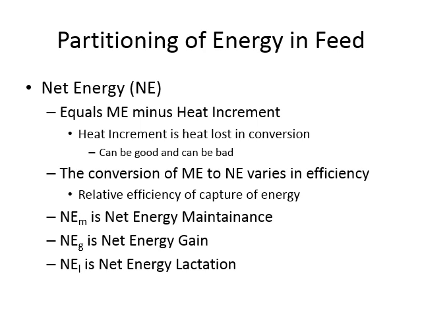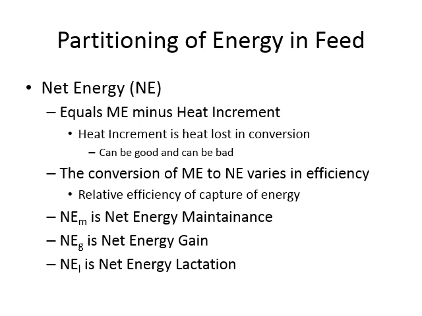So the next step is partitioning the energy in a feed. We're going to take our metabolizable energy and we're going to subtract heat increment, the heat lost in the conversion, and we're going to be left with net energy. That heat increment can be good or bad depending on what state we're in or where that heat might be used in the body. If it's cold outside, that heat can be used to generate or maintain the body temperature.